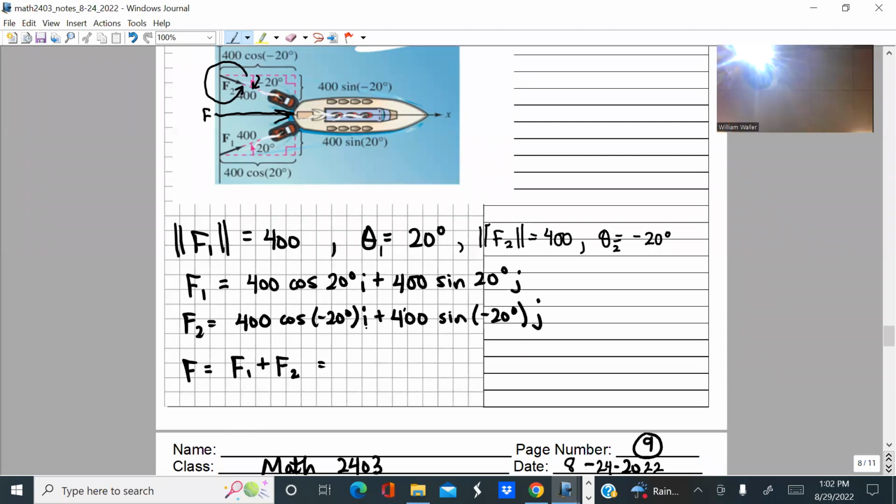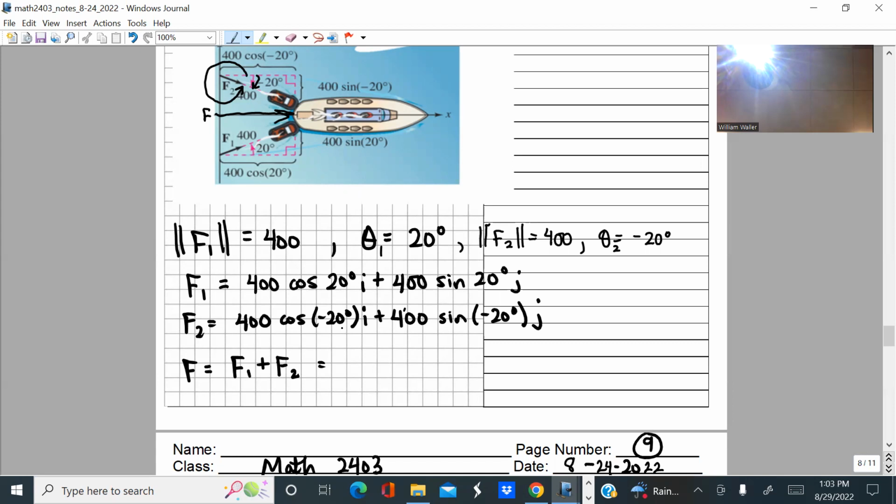Okay, so let's add these two things together. That should be pretty easy to do. Fortunately, the magnitudes are all the same, and the angles are also very similar, so I'm hoping the arithmetic of adding these two force vectors will be pretty straightforward. It's made a lot easier by the fact that the cosine of 20 degrees and the cosine of minus 20 degrees are the same.